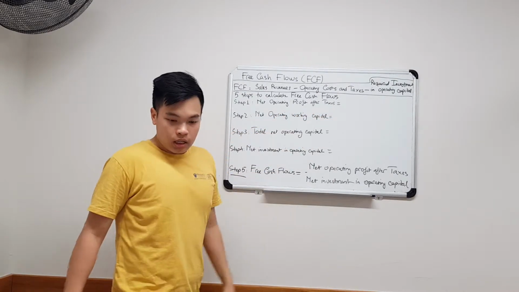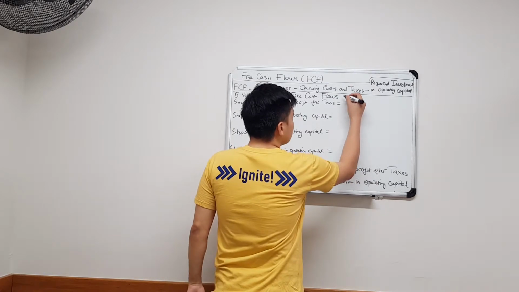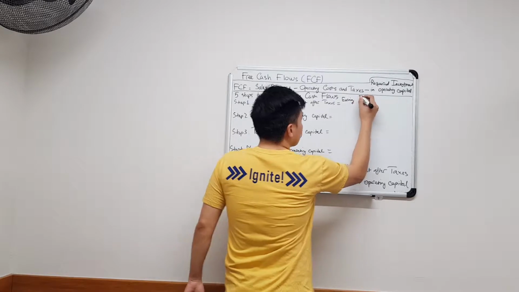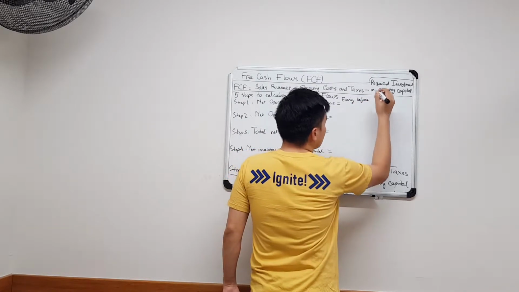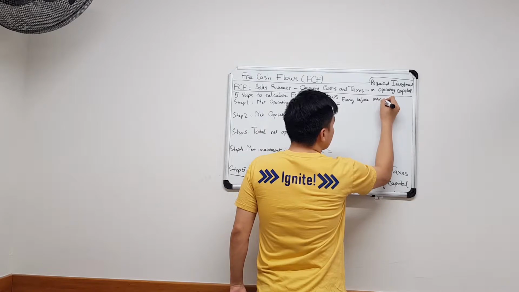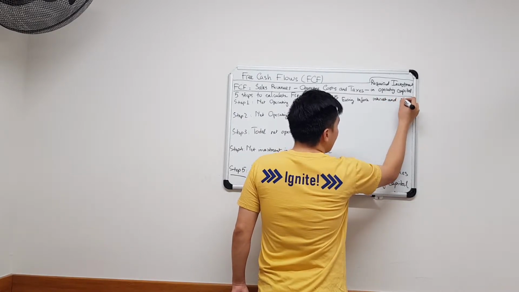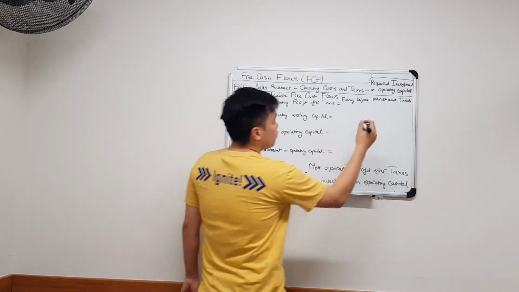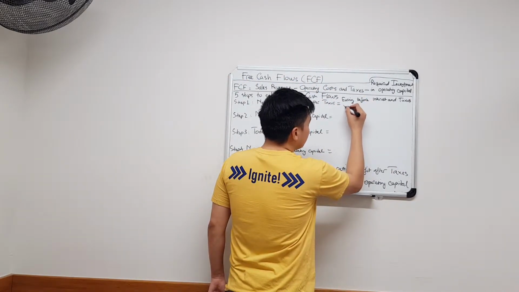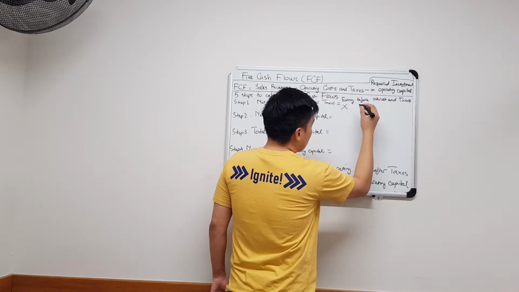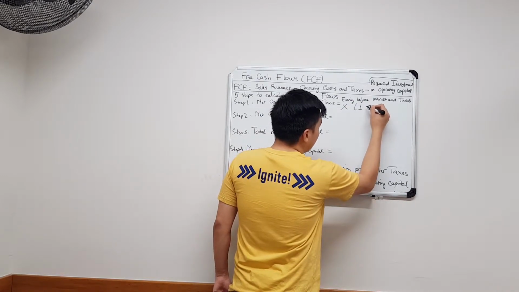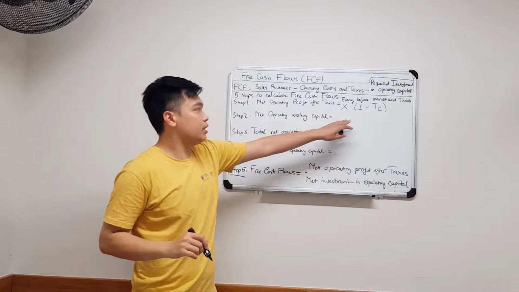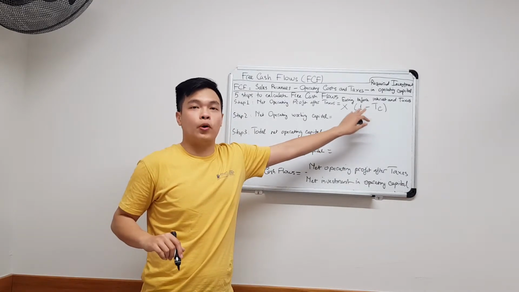It is equal to earnings before interest and tax, multiplied by 1 minus the corporate tax rate.